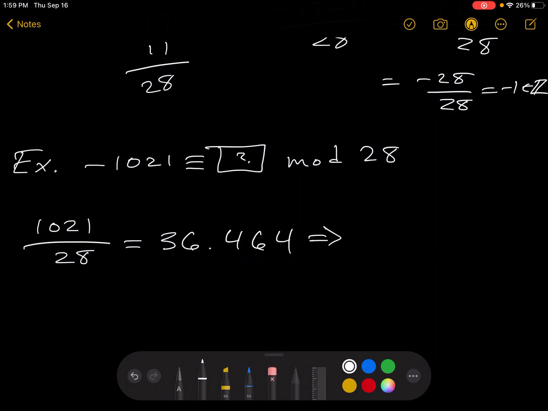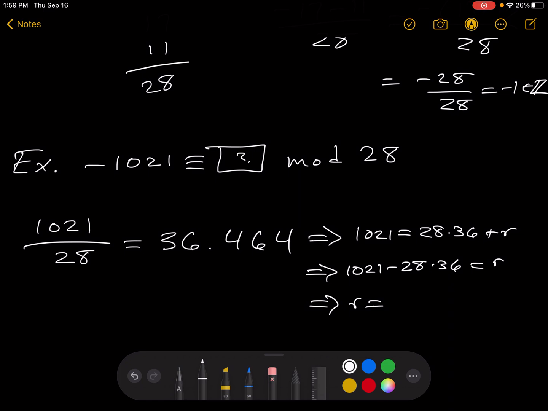So that tells me that 1021 is equal to 28 times 36 plus some remainder. We can solve for the remainder: 1021 minus 28 times 36. Doing the math, the remainder is 13.